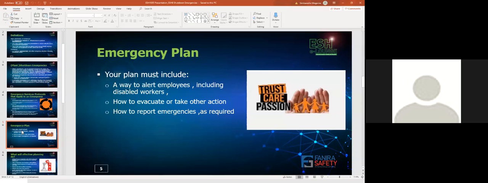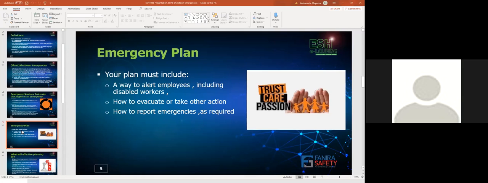They forget we have disabled workers, and what we should do when we have disabled workers within our workplaces. So let's always ensure that our emergency plan includes disabled workers and how to evacuate them, and also other actions to ensure that the emergency plan is effective. And also how to report emergencies during the course of an emergency.